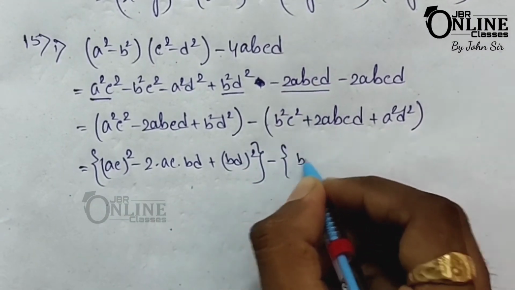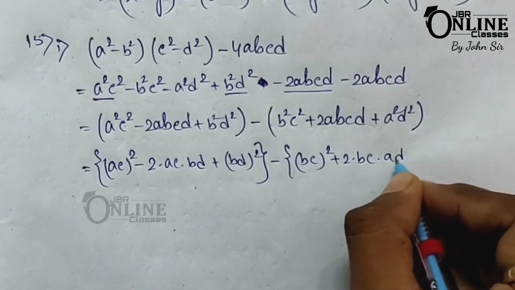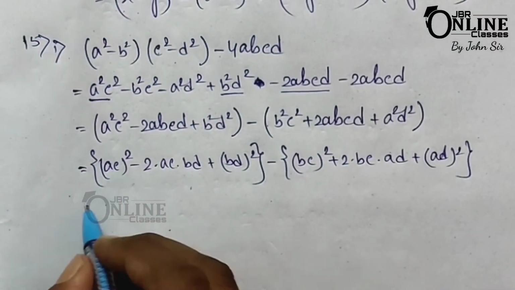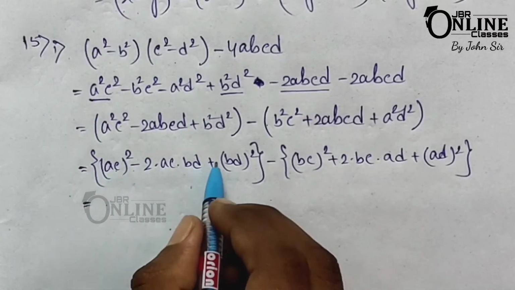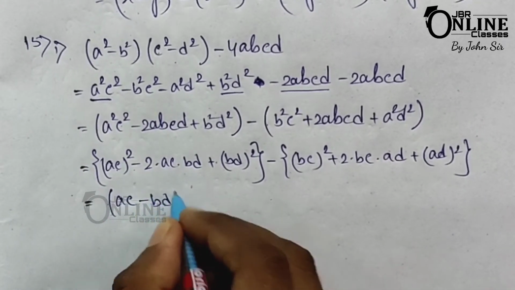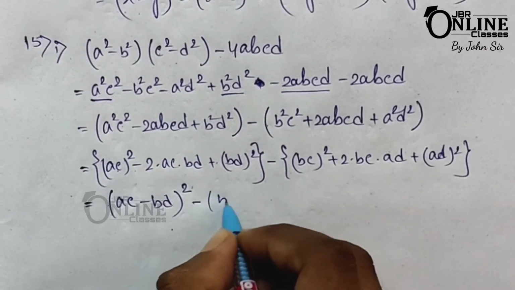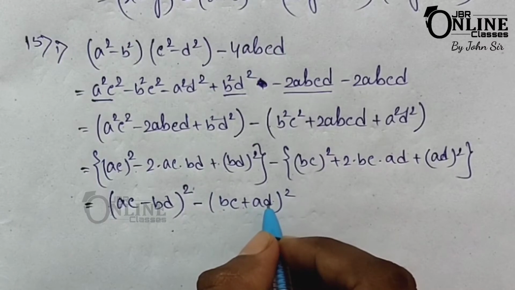Second one as same as bc whole square, then 2 into bc into ad, and here ad whole square. Okay, so now you can easily find out that it is the formula of a minus b whole square. So here the formula a minus b, that means ac minus bd whole square, and it is the formula of a plus b whole square, that means bc plus ad whole square.